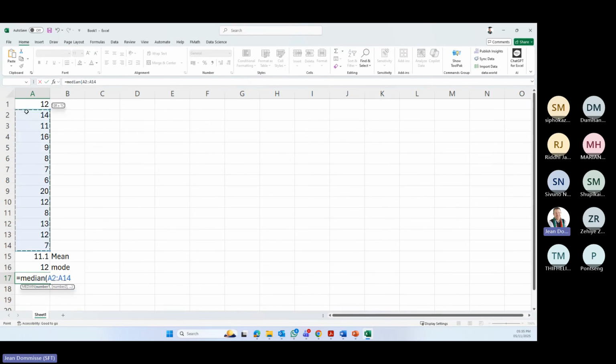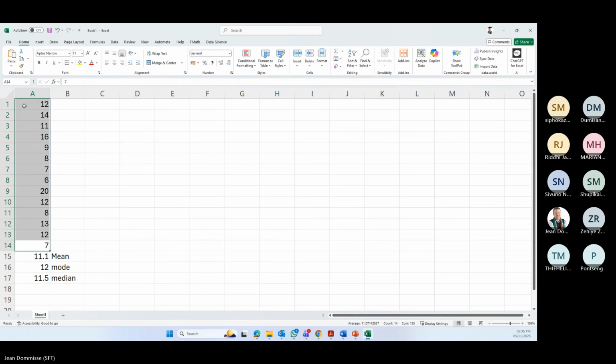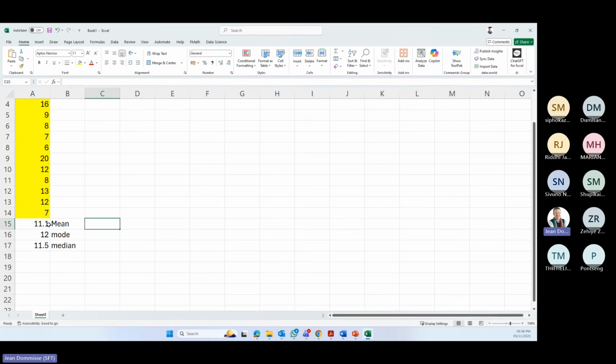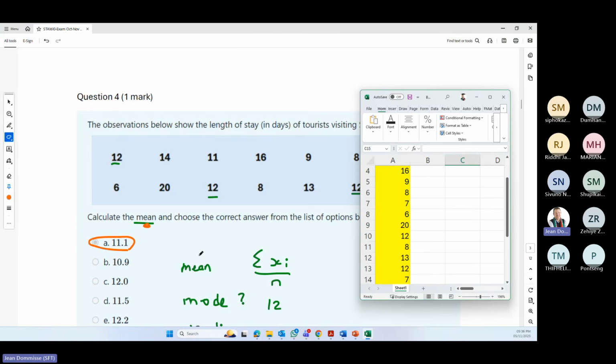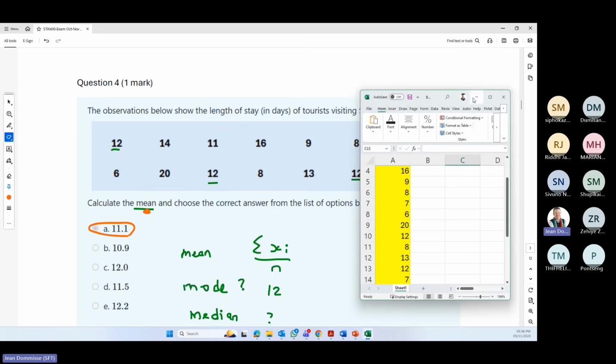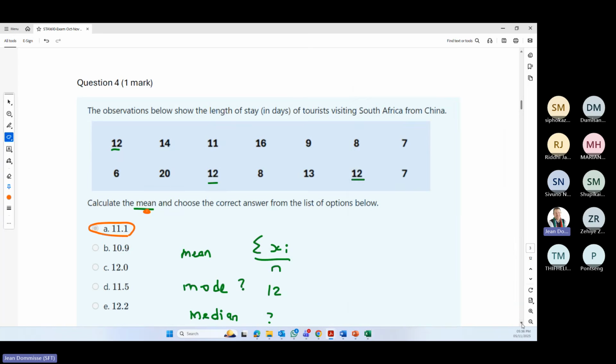Already, if you look at those data points, you can see the mean, median, and mode are not the same. So your data is not going to be symmetrical. There is going to be a bit of skewness in it if that was another part to this question.